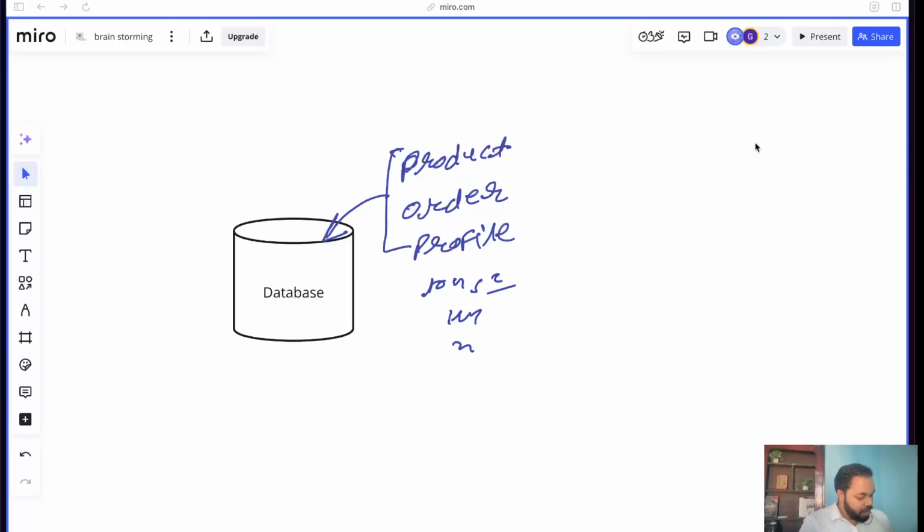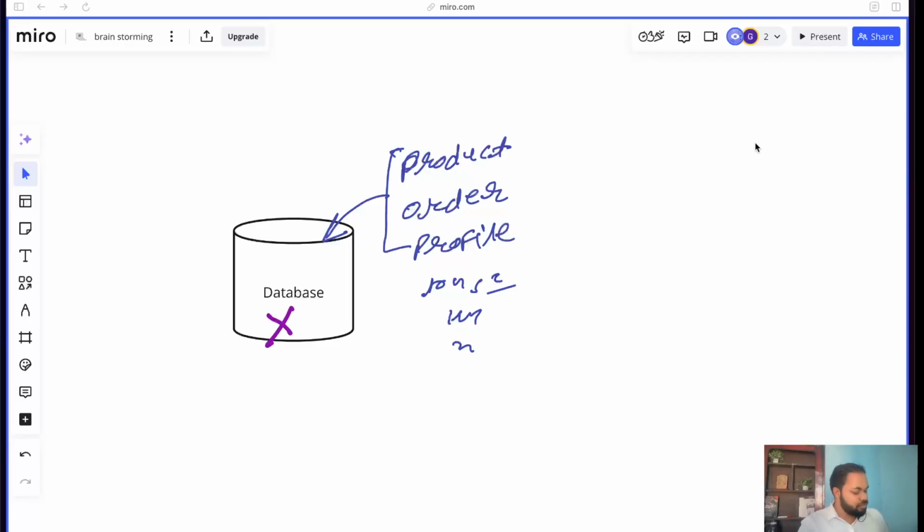But what happens if slowly you realize the profiles or users are increasing exponentially? This database is not sufficient.